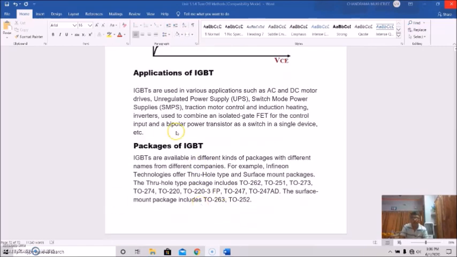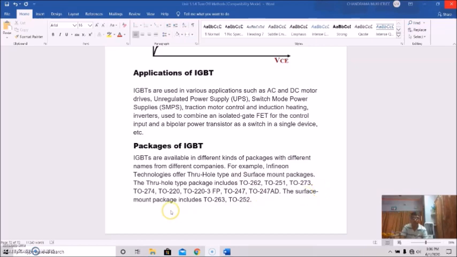How is this IGBT available in package form? Different kinds of packages with different names from different companies are available. For example, through-hole type and surface mount type packages.